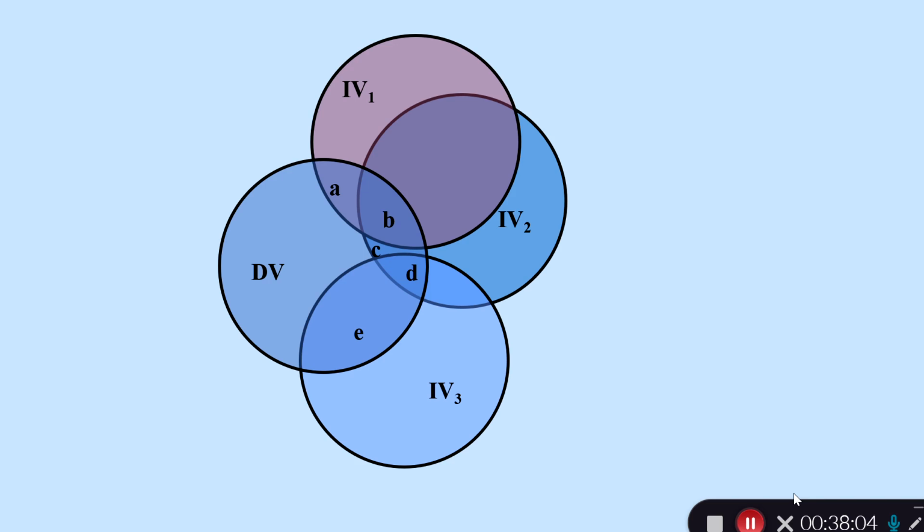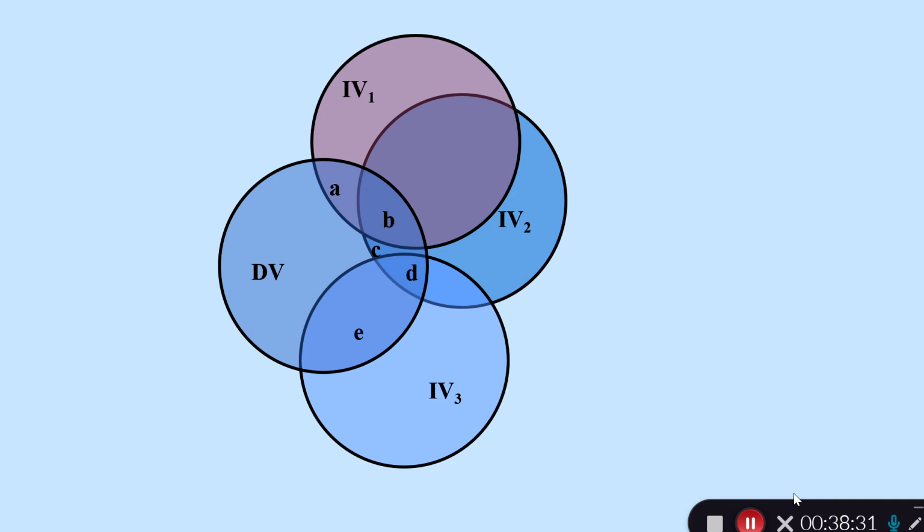So the area that's covered by B is shared with IV2. Okay, and the area B is the shared correlation with the DV between IV1 and IV2. So it's the amount of overlap between IV1, IV2 and the DV.